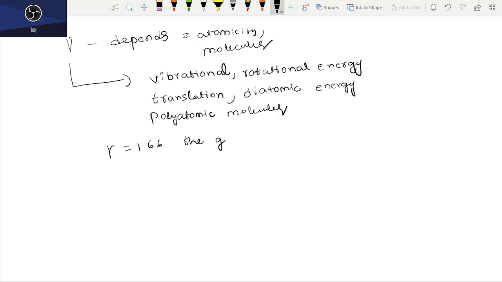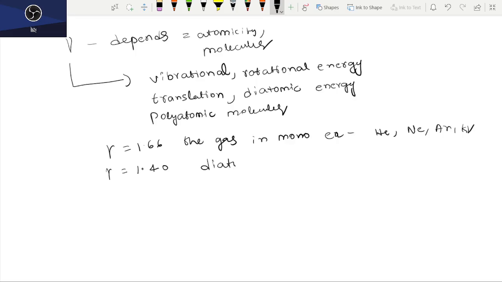Now, the value is equal to 1.66 in the case of a gas with a monoatomic structure, such as helium, neon, argon, and krypton. Got my point? Hydrogen cannot be included here, the reason I will tell you later. Only helium I am taking. If the value is 1.40, the gas is diatomic.